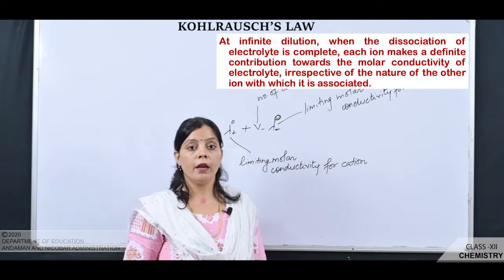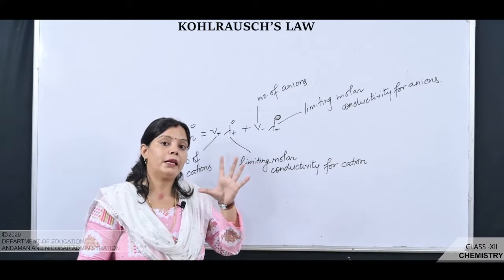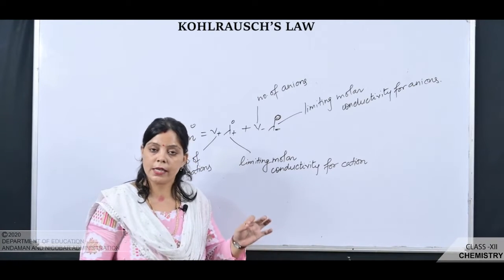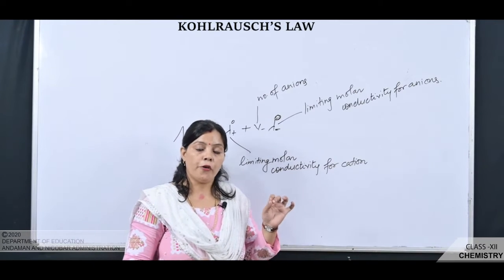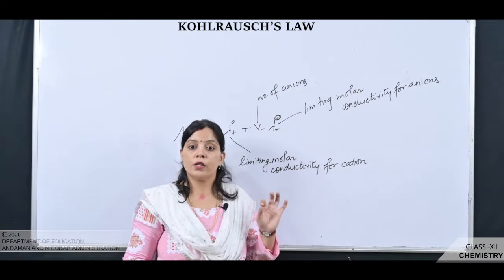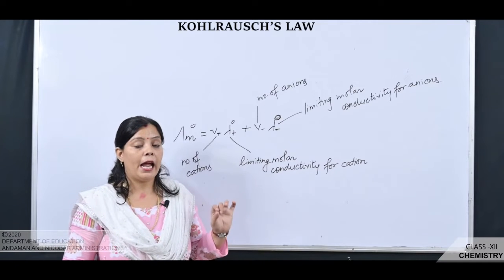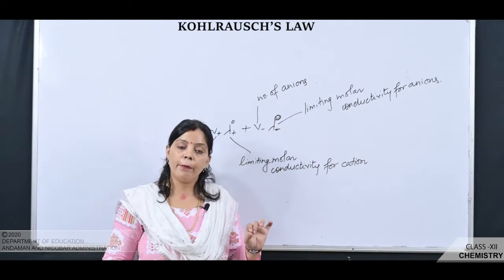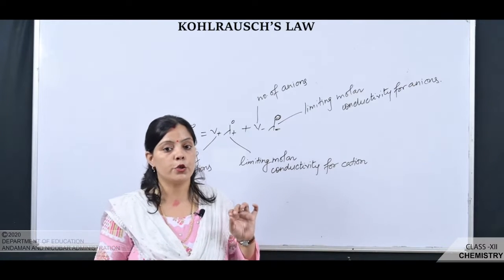Children, at infinite dilution the electrolytes are completely ionized into cations and anions, and in the solution each ion contributes towards the total molar conductivity of the solution. This implies that the molar conductivity of an electrolyte at infinite dilution can be expressed as the sum of contributions from its individual ions.